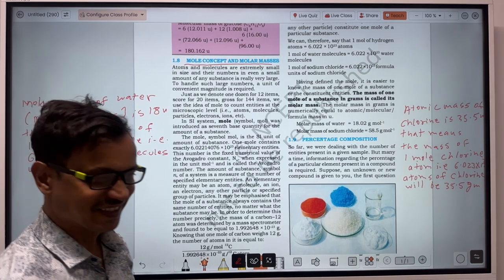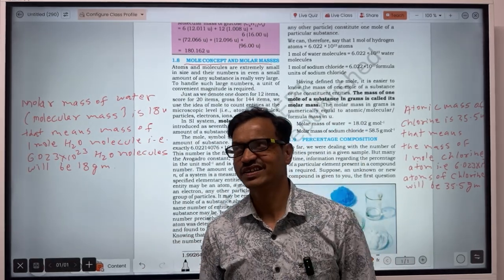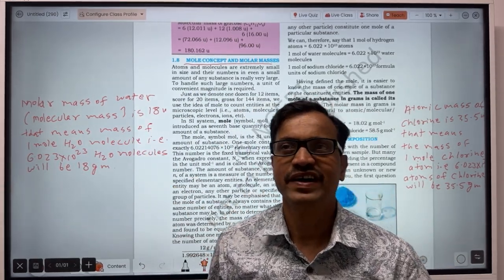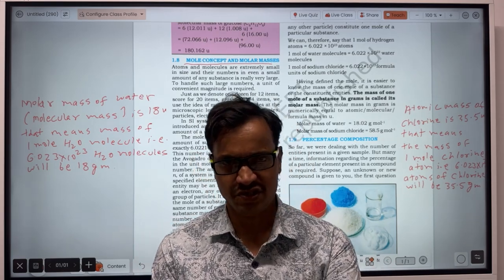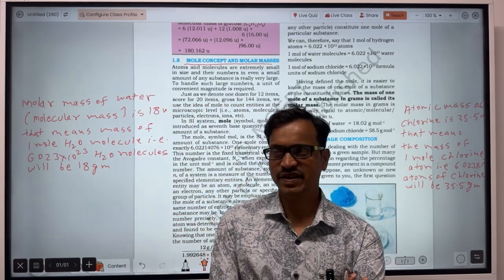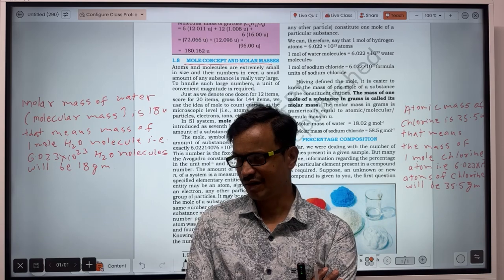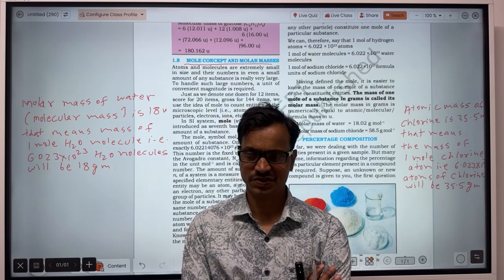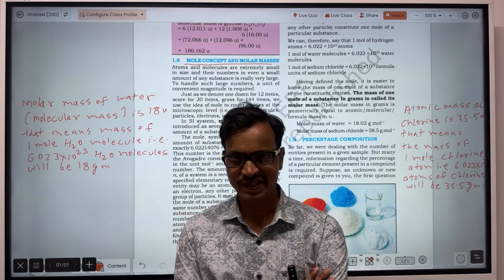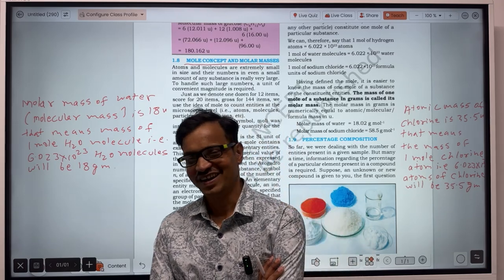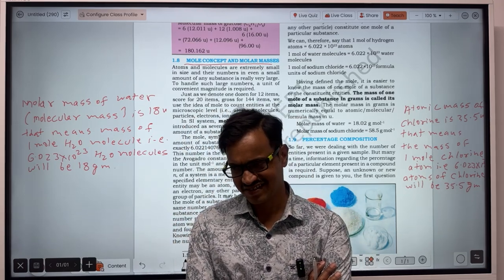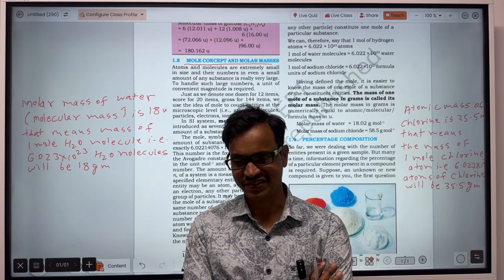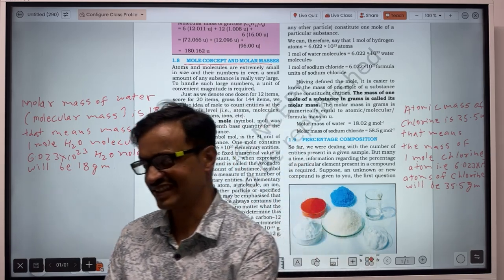Okay, any problem, guys? Here you know already the molar mass of water is 18 U. That means when the number of molecules of water is 1 mole, or 6.023 into 10 power 23 molecules, then their mass will be 18 gram. Now I am calculating the number of water molecules in half liter of water. So let's see.